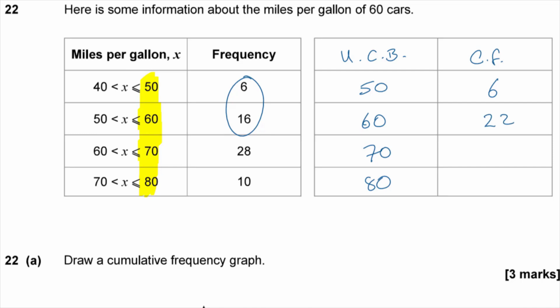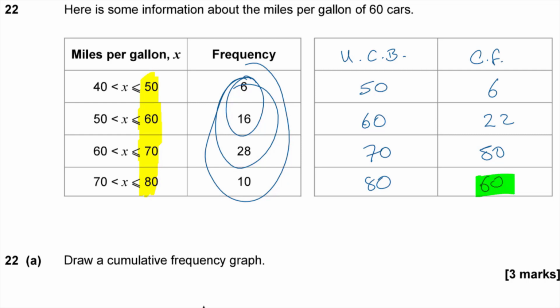Now my next cumulative frequency is going to be those 3 added together, but I already know the first 2 add to 22, so I just need to add the 28 to my 22 to get 50. And then finally that one there, I add all 4 together, or my 10 to my 50, which gives me 60. Always a good idea to just check that is the same as the answer that they give you at the top, because it is an easy mistake to make during a test.